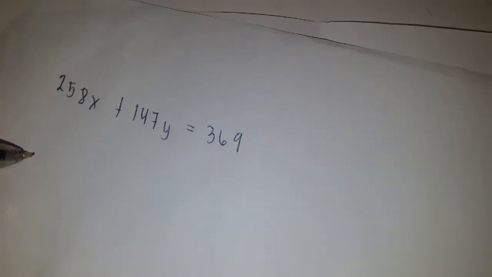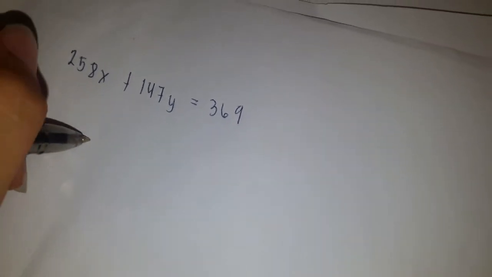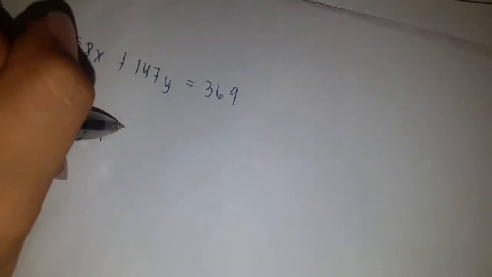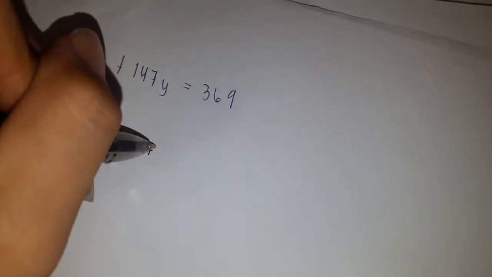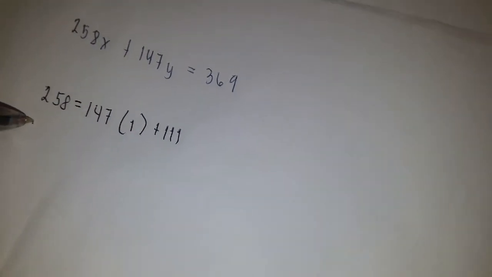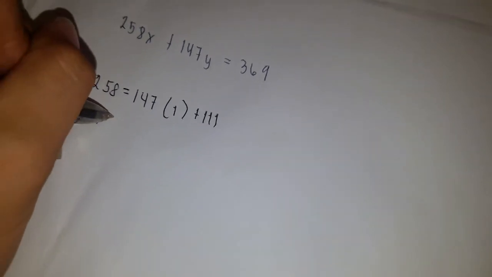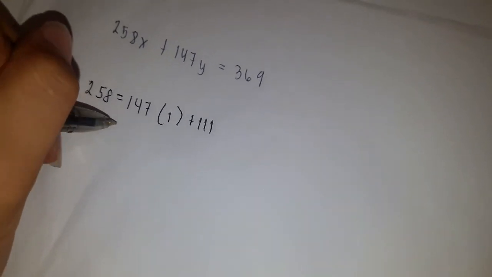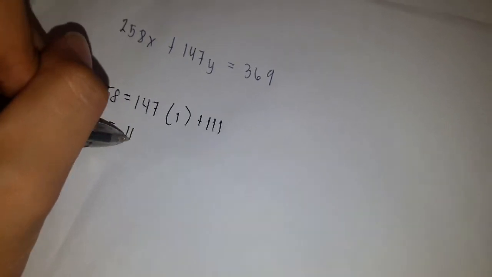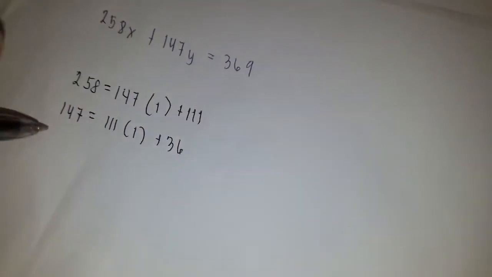Before we proceed to the solution, 258 divided by 147 equals 1 with the remainder of 101. So we use 147 as our dividend, and it divides to 101 equals 1 with the remainder of 46.